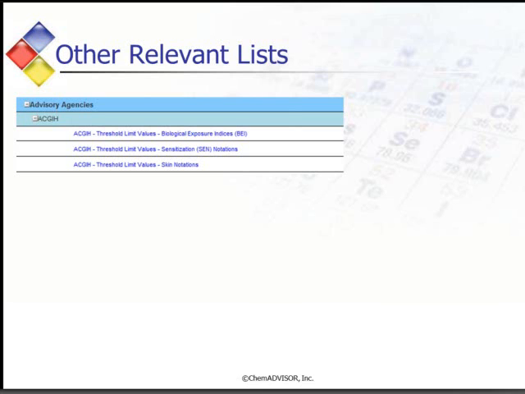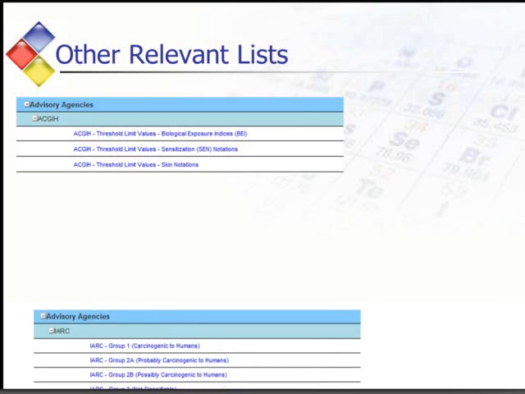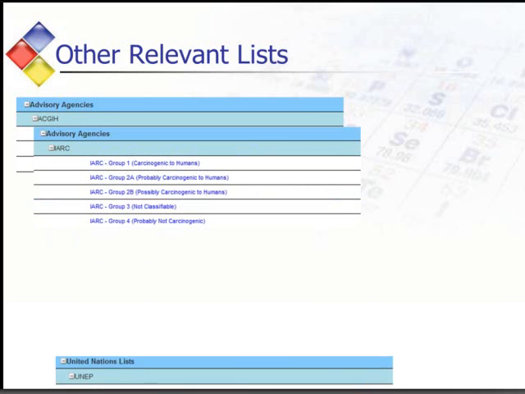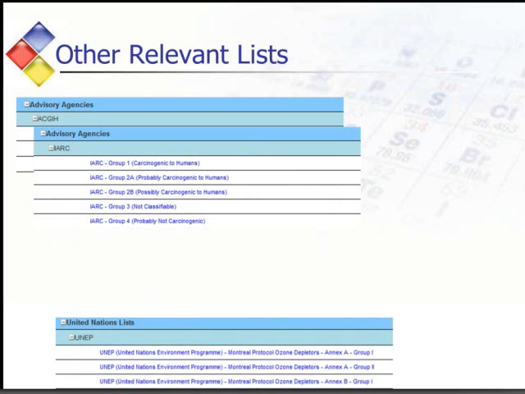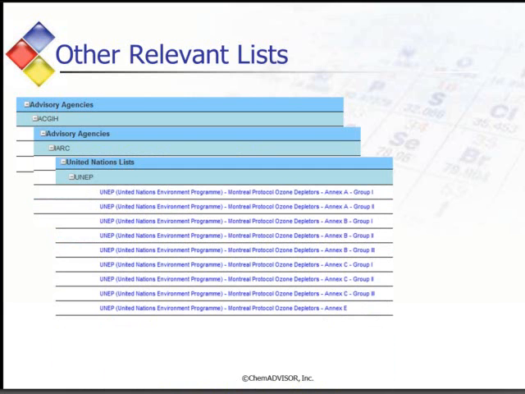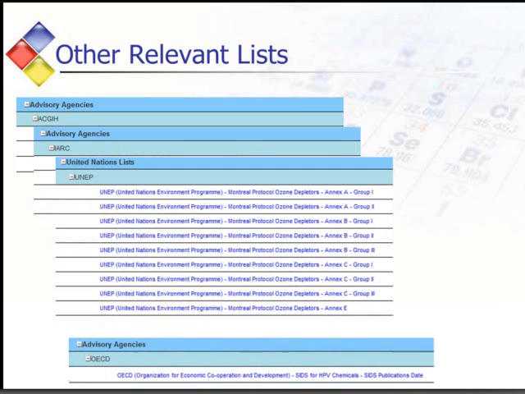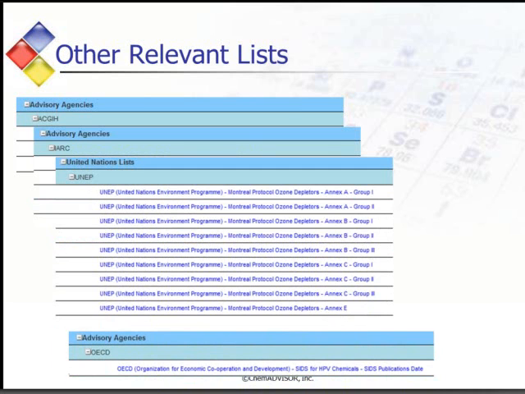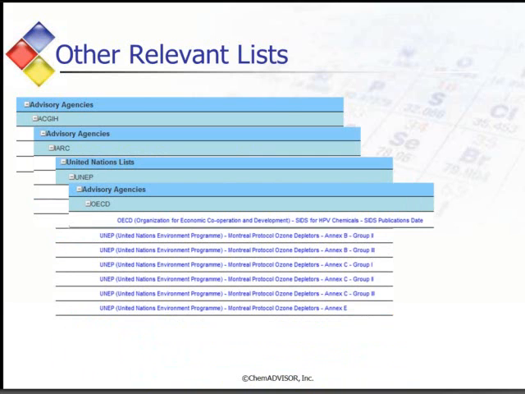Some of the relevant lists might be from ACGIH that address biological exposure indices, skin sensitization notations, or other skin notations, IARC carcinogenicity lists, the United Nations Environment Program on ozone, addressing and identifying ozone depleters, and the OECD SIDS list for HPV chemicals.